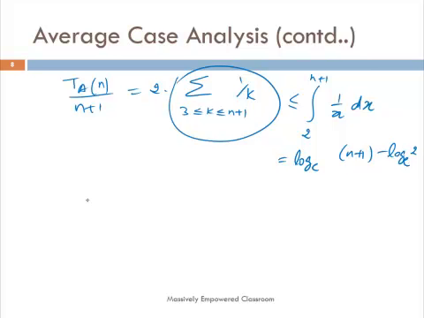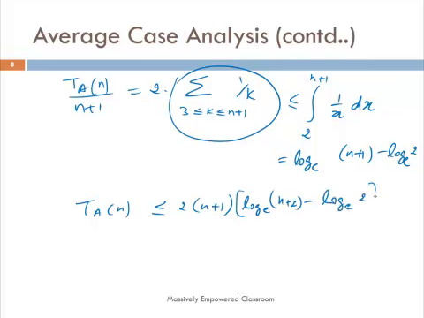And from that we can now say Ta of n is less than or equal to 2 into n plus 1 into this whole thing, log to the base e of n plus 2 minus log to the base e of 2, right?